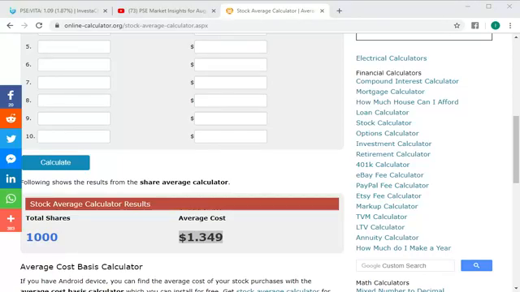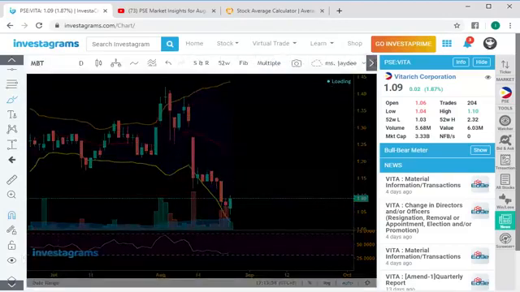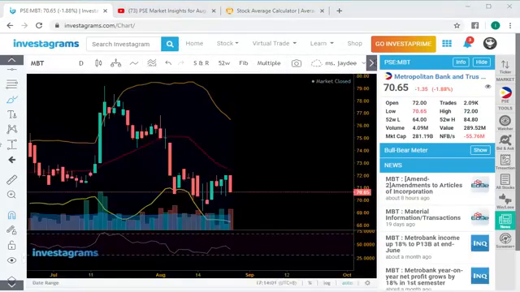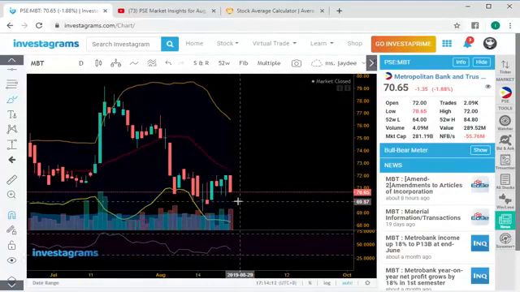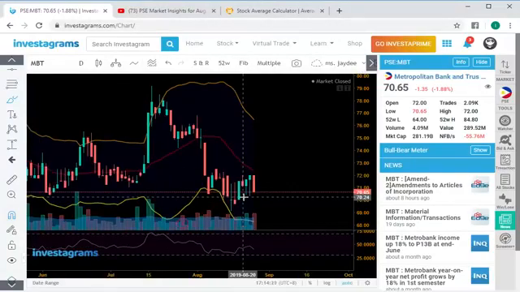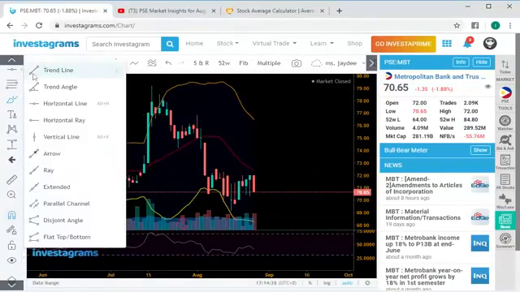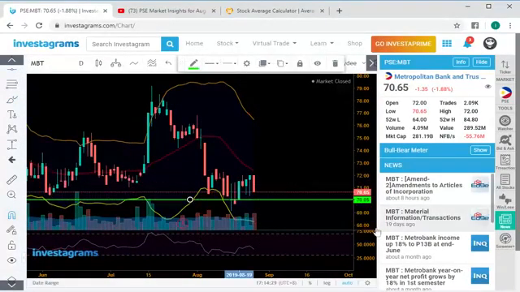Let's talk about MBT. Let's check out MBT. MBT is still giving us some bearish signals. We might see some more downward movements for MBT. And let's check if this price gives us a bounce once it reaches this area.